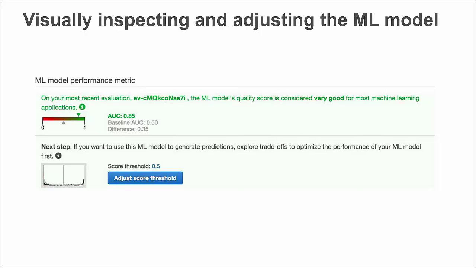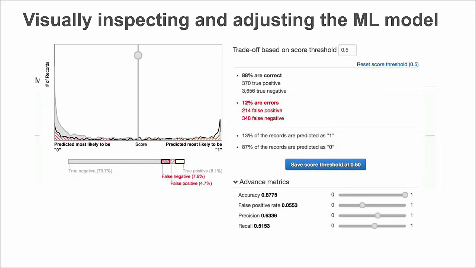Having understood the summary quality of the machine learning model, the next thing we want to do is configure the model's outputs to align with our business goals. I want you to consider for a second what kind of mistakes this machine learning model can make. Given that we're predicting a binary attribute, is this tweet actionable or not?